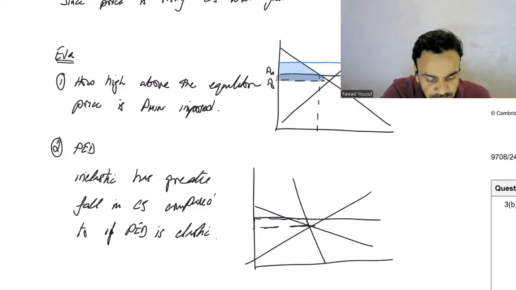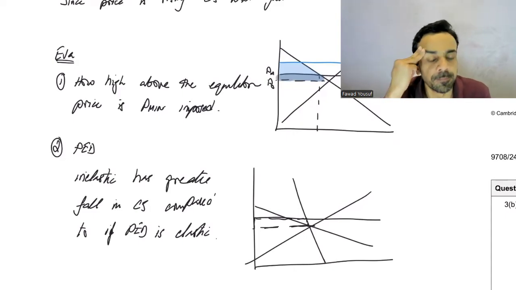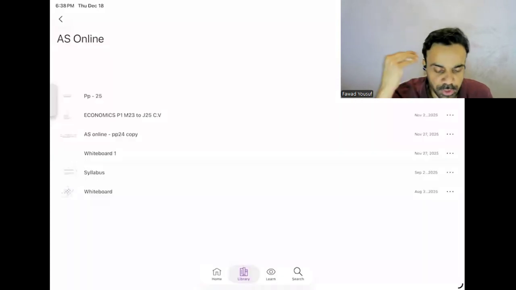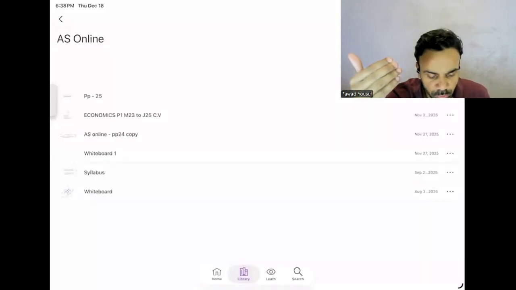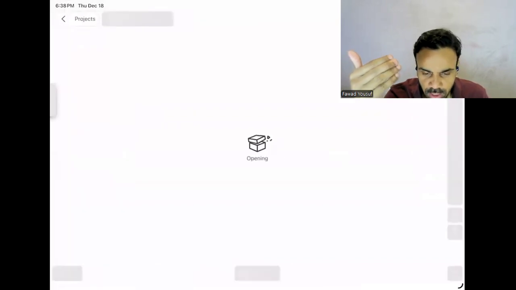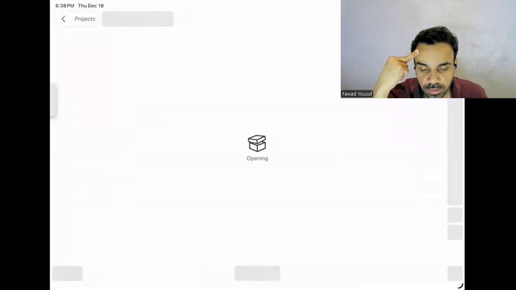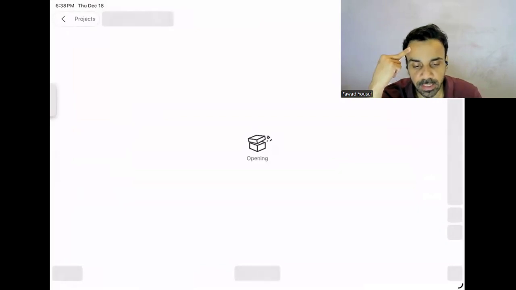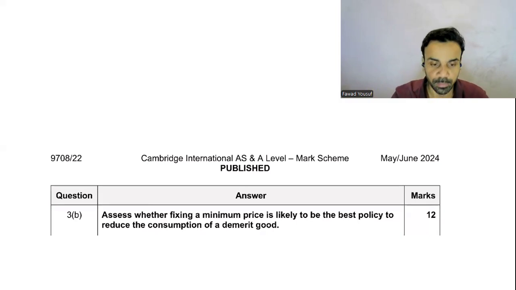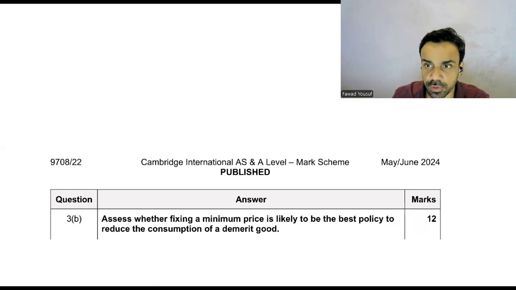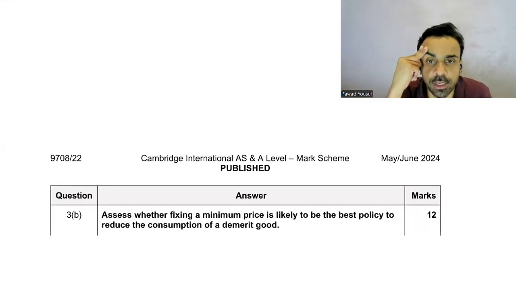Other than this, I think in 8 markers there is only this one recent question. Usually the questions on minimum and maximum prices are more on the 12 mark side. So, for example, if you take a look at this question, it's a very repetitive sort of question. June 24, in fact, I did check one of these.